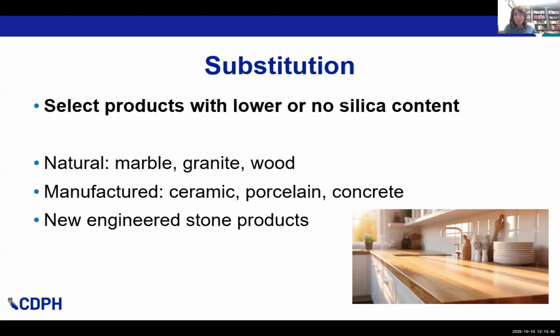People can survive with a kitchen countertop that's not made of this material. And so there's really an opportunity here, I think, to communicate to designers, architects, and their customers that it's possible to select products with lower or even no silica content. These include natural products like marble, granite, and wood, manufactured products like ceramic, porcelain, and concrete.